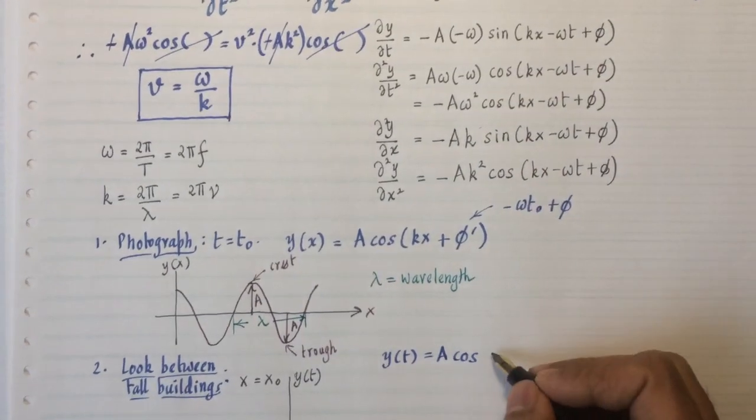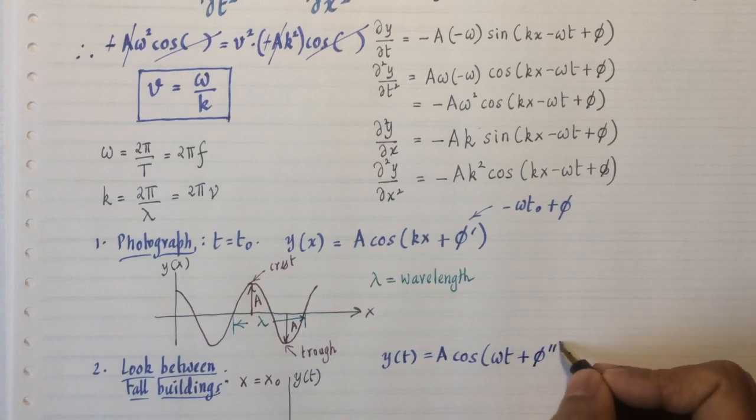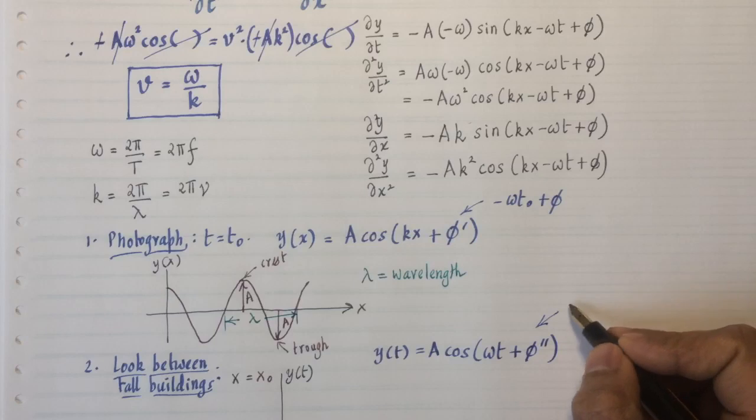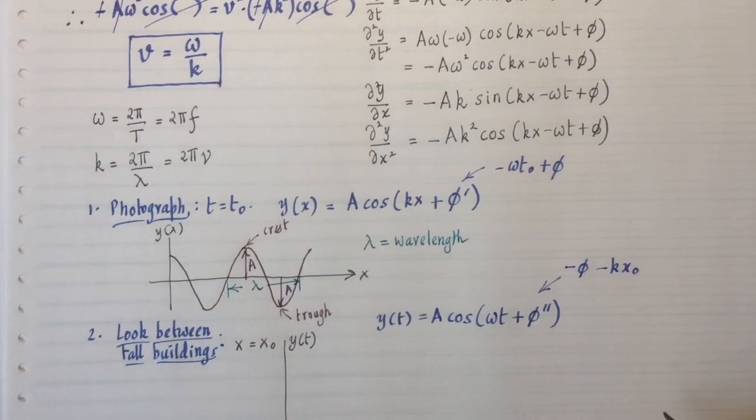So this will be cosine of omega t plus some new phase phi double prime, where phi double prime would be negative kx naught plus phi. I have to be careful here. I've transferred the burden of the negative to that.